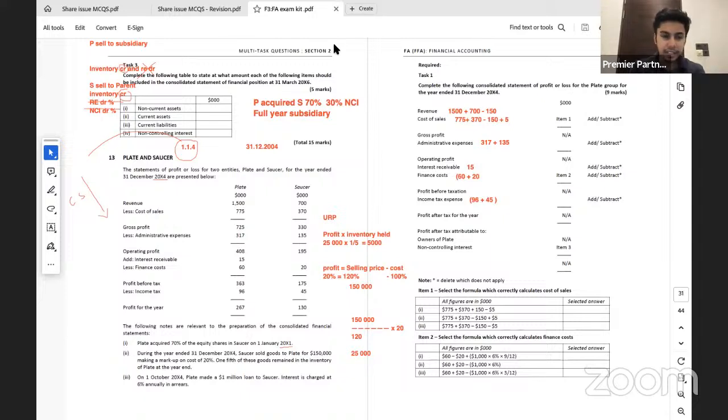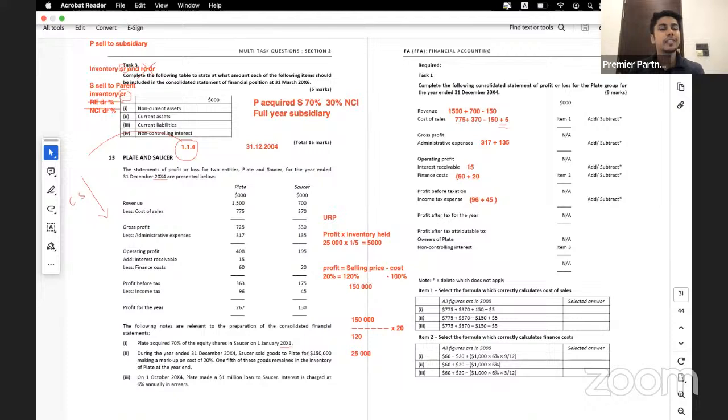Inventory is an asset, no? When the asset becomes credit, asset is reducing. So when the asset reduces, closing stock will go down. When the closing stock goes down, cost of sale goes up. That's why we are adding to cost of sale. Now you must be thinking, when the inventory is going down, how can the cost of sale go up? Don't worry, I'll show you an example.